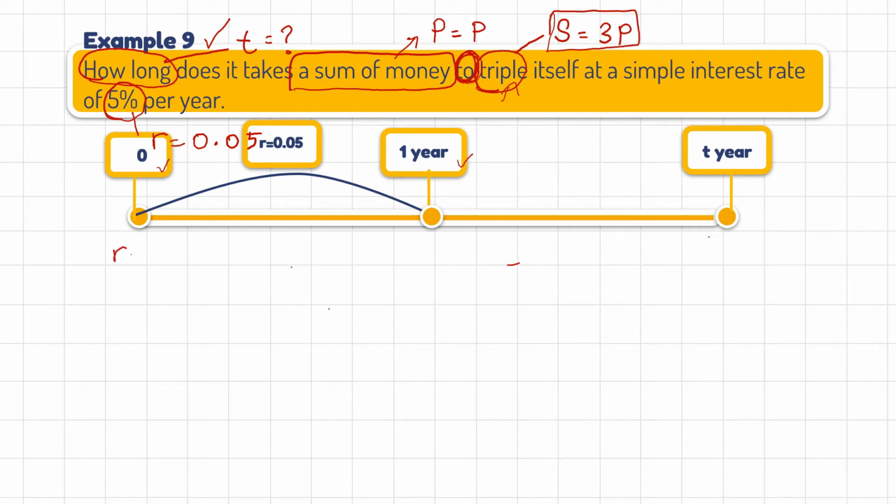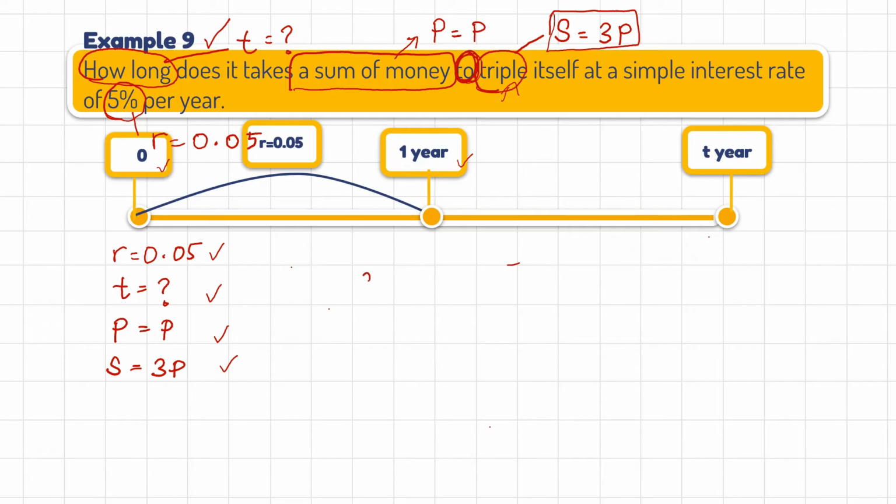R equals 0.05. T is the one that we need to find. Our P is P itself, since we assume it is P. Our S is 3P.